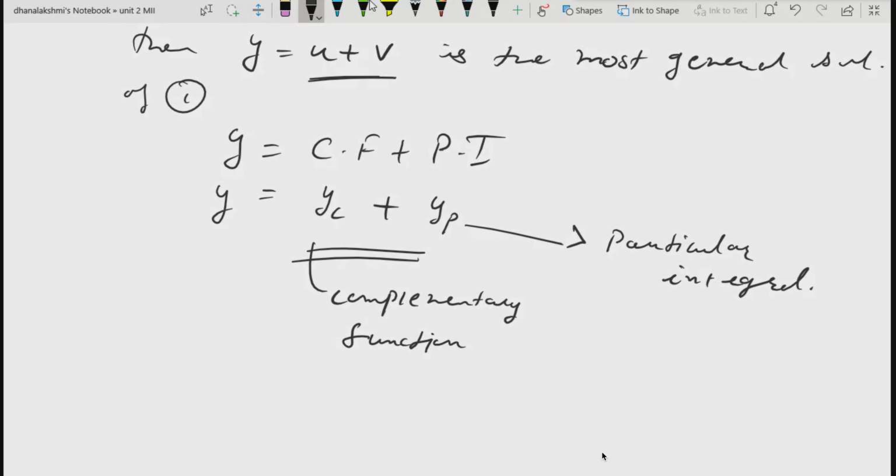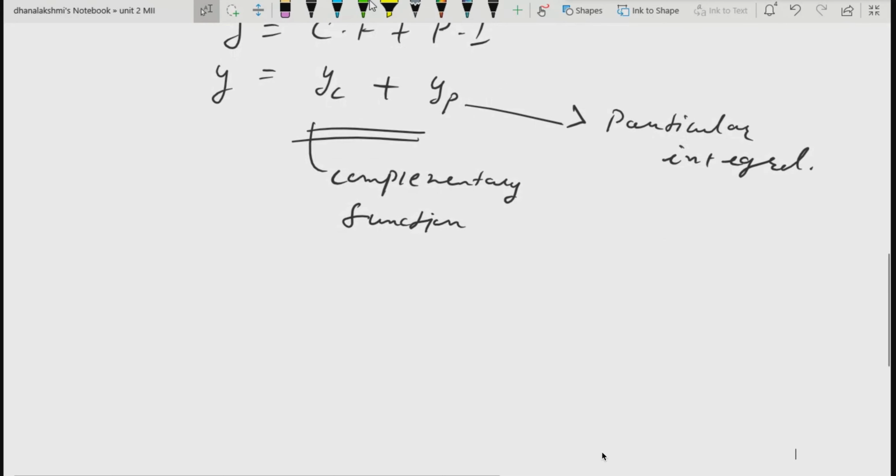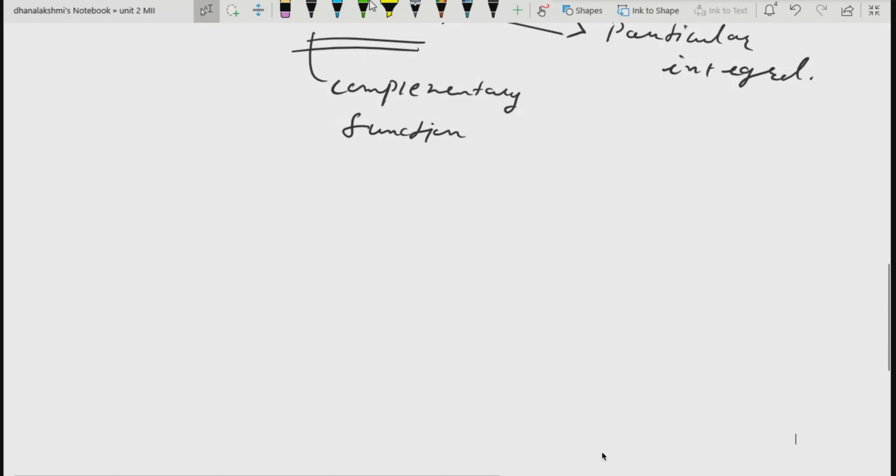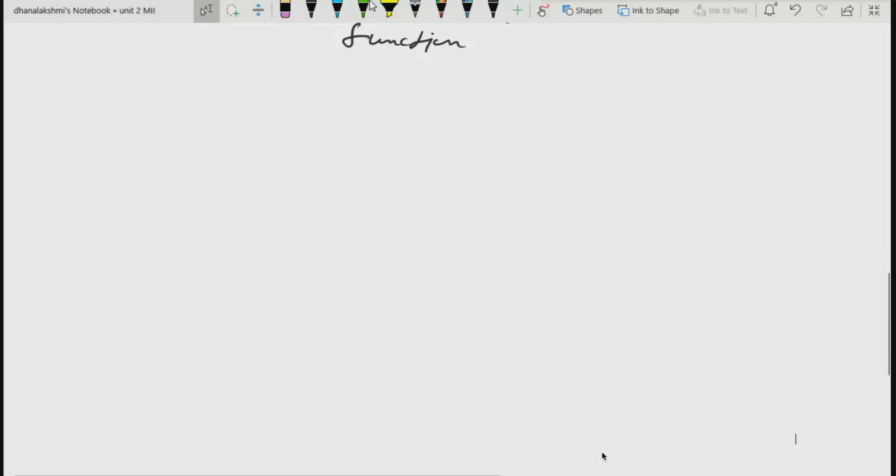So we need to find the complementary function and particular integral based on the given question. But before that, let's see about the operator D, because the question will be in terms of D itself. Even if not, you can rewrite them in the standard form.